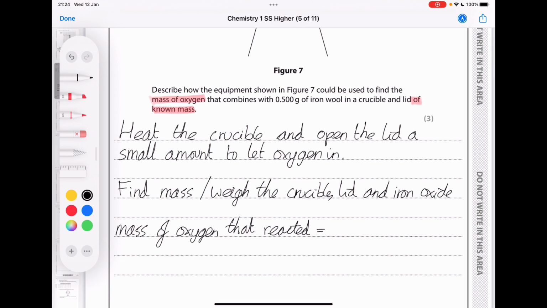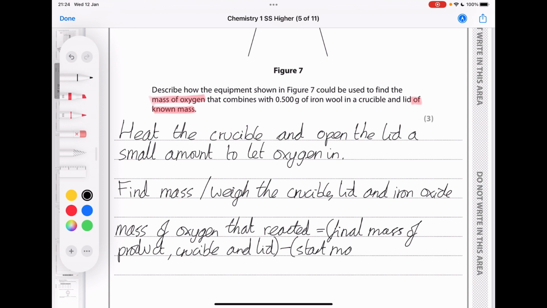is going to be equal to the final mass of product, crucible and lid, minus the start mass of the crucible, lid and iron wool.